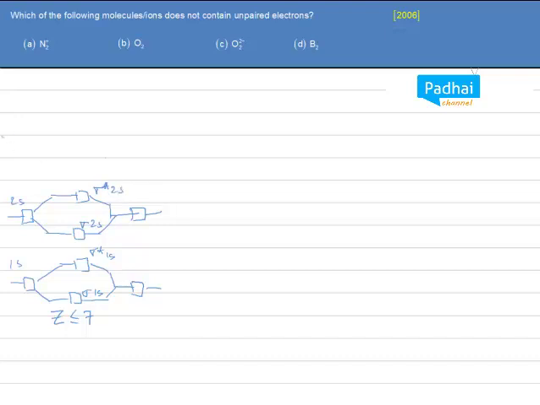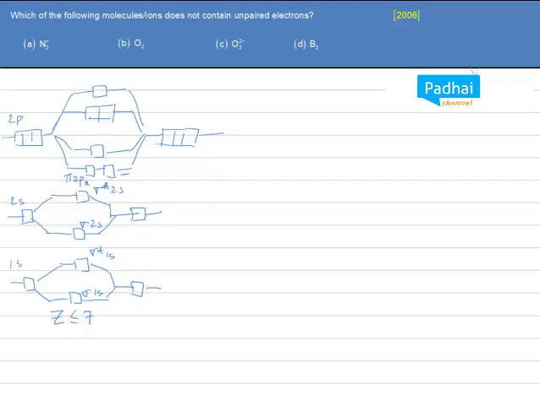Then we will come to 2p orbital. So for 2p, this is pi 2px, this is pi 2py, this is sigma 2pz, right?